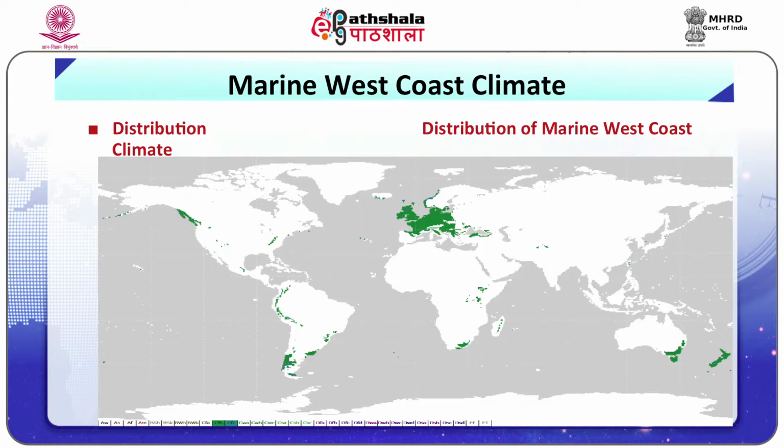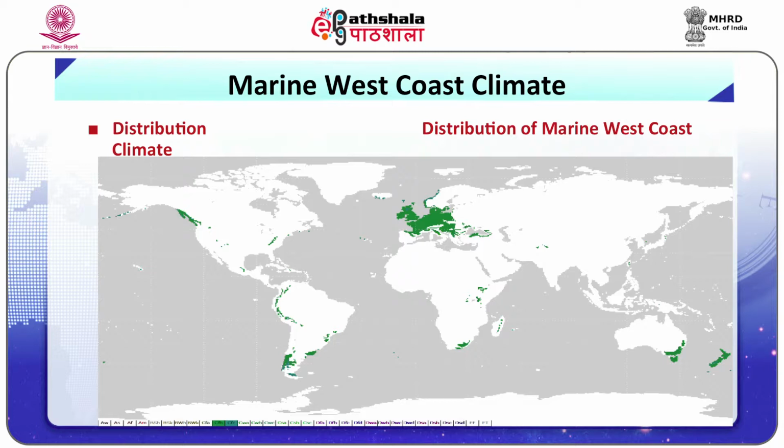A similar narrow strip extends along the coast in Chile, South America. In these two coastal belts, high mountains run parallel to the coast. Therefore, marine climate influence is restricted to the coastal region.